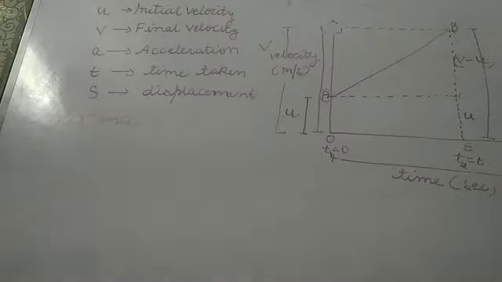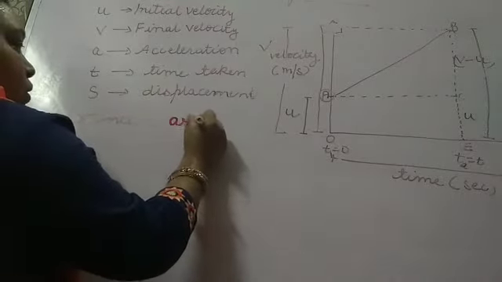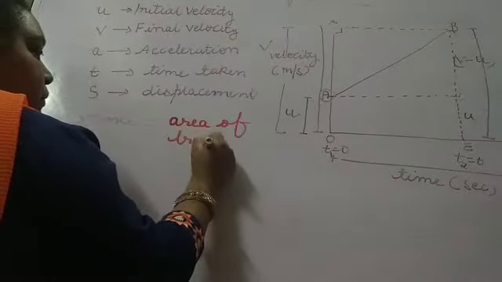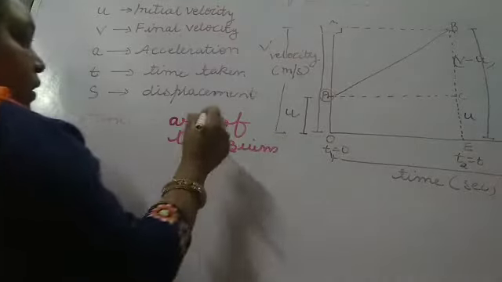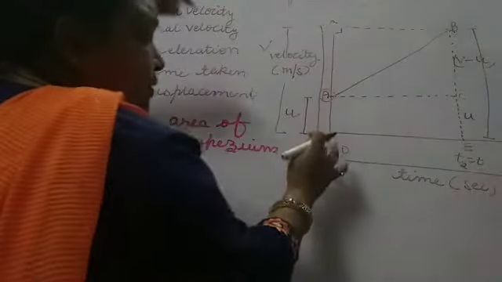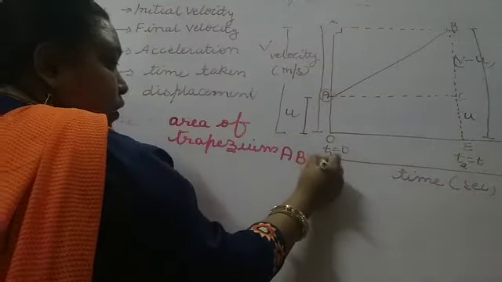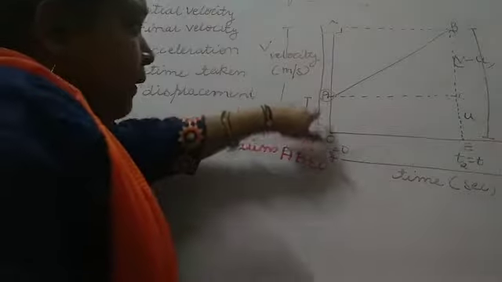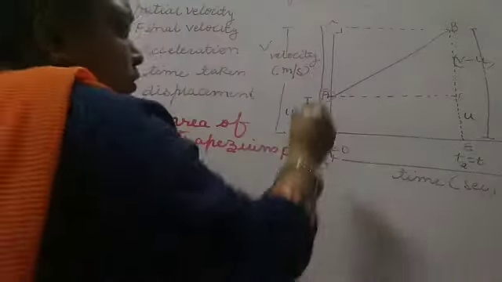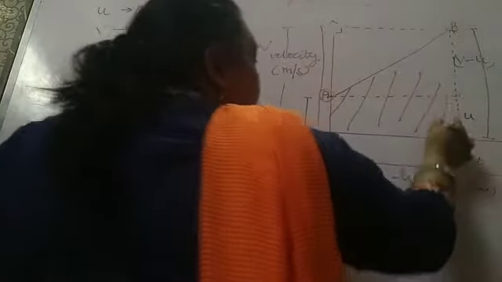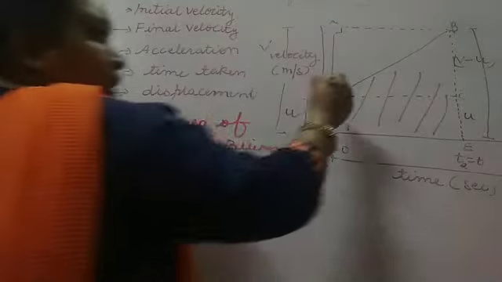We can say the area of trapezium ABEO. You know that this full area of ABEO has two parts: one is this rectangular part OACE and another one is the triangle ABC, isn't it?